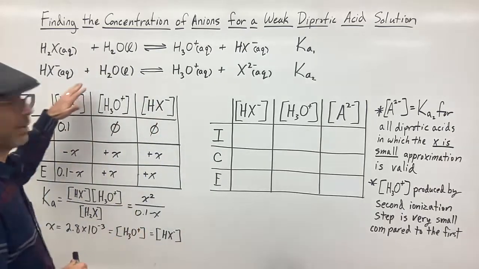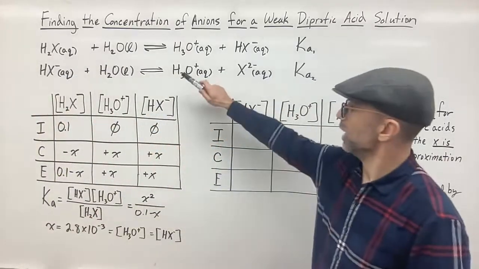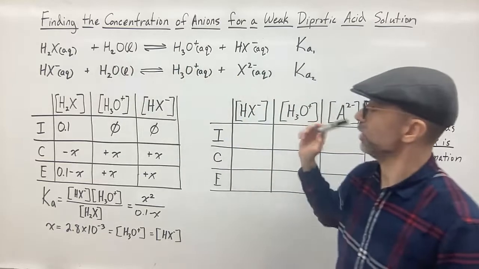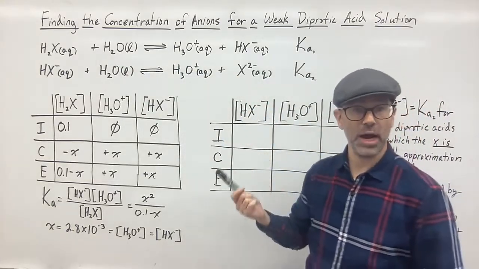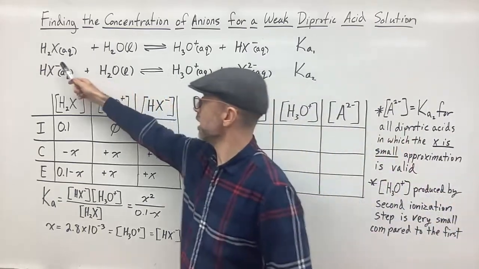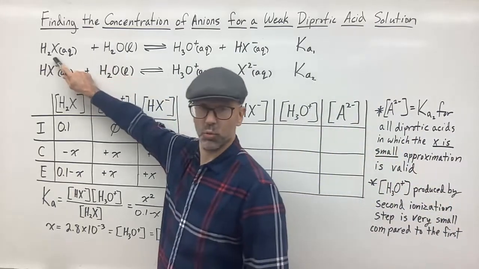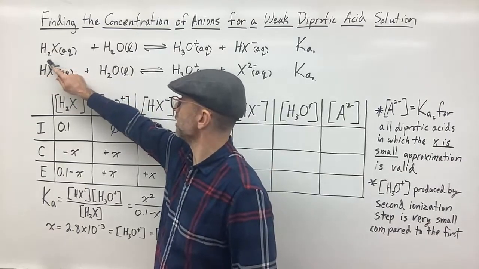So when we have a diprotic acid, you'll see that there are, again, two ionizations that go on. If there was a triprotic acid, there'd be three. So here is my generic weak diprotic acid. It's going to undergo its first ionization.